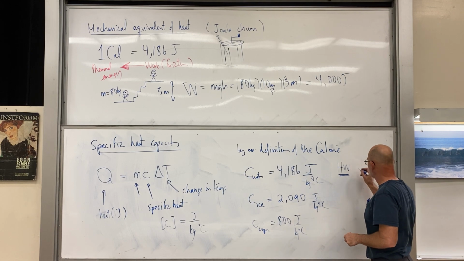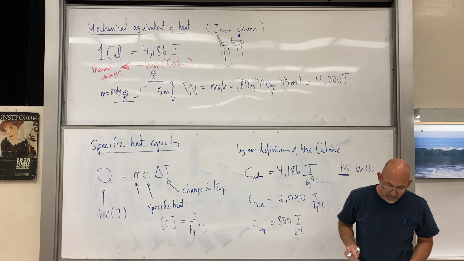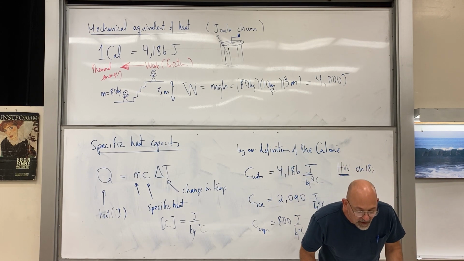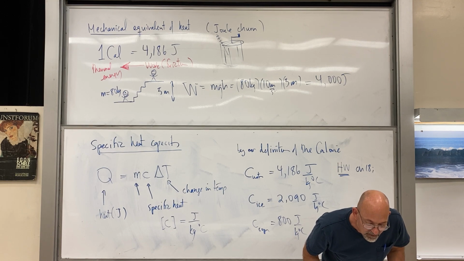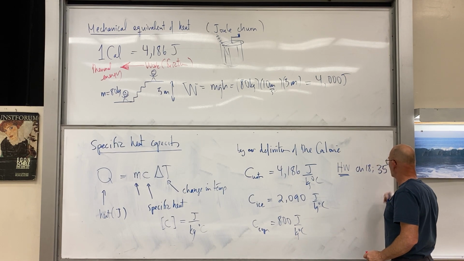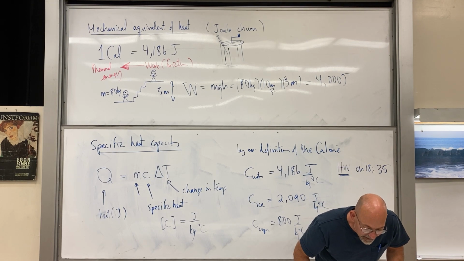So this will be chapter 18. It's not yet a calorimetry problem, really. Okay, so it's really just using the definitions I have up here. Problem 35. Chapter 18, problem 35. And maybe there's another one like that.